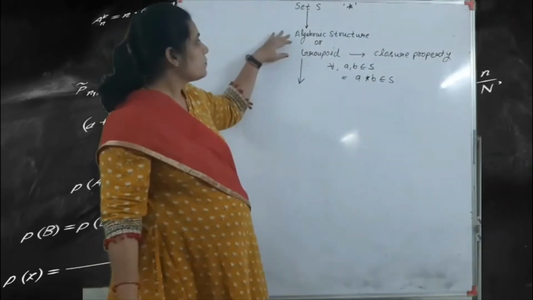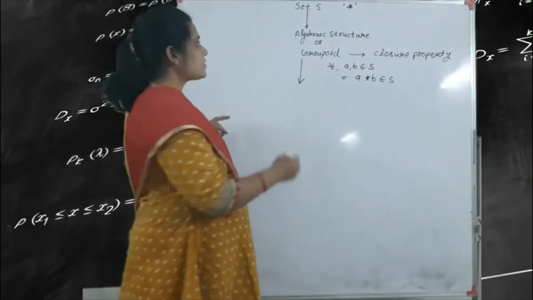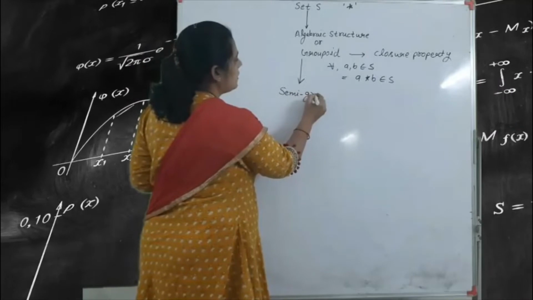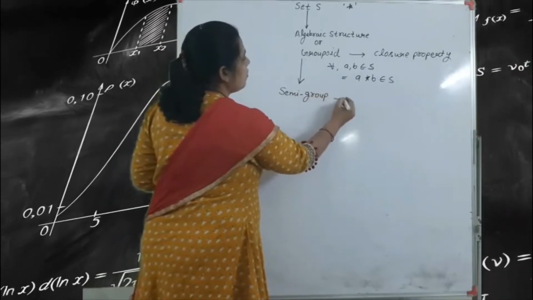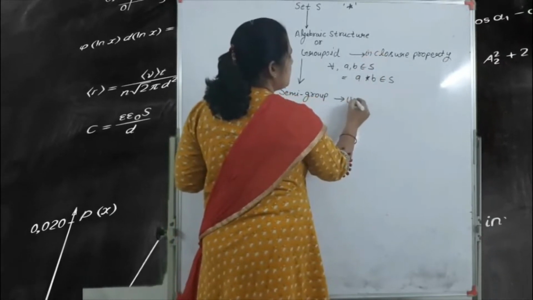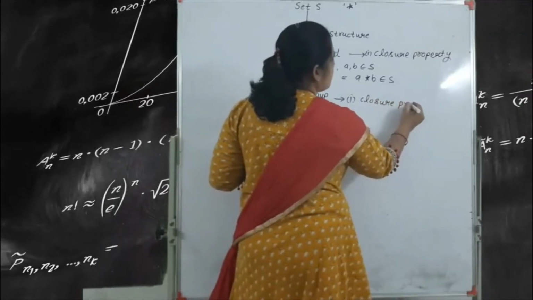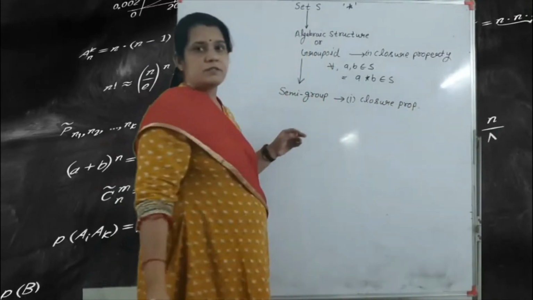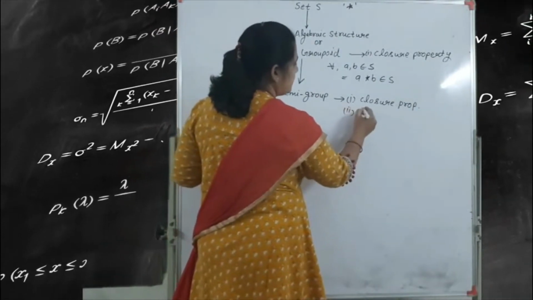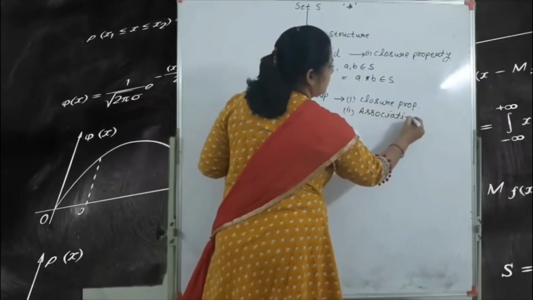Next one is the semigroup. So what is a semigroup? The first property is the closure property: to find out whether it is a semigroup, first you solve the closure property, and the second one is the associative property.